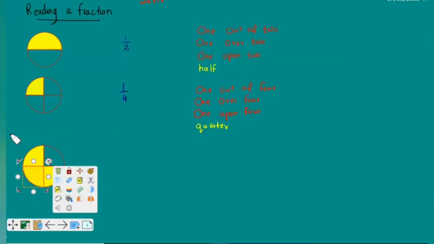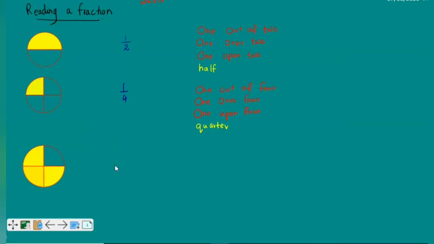Here I have shaded 3 parts out of 4. Then how do we read this one? We read this one as 3 out of 4, or 3 over 4, or 3 upon 4, or we read this as 3/4.